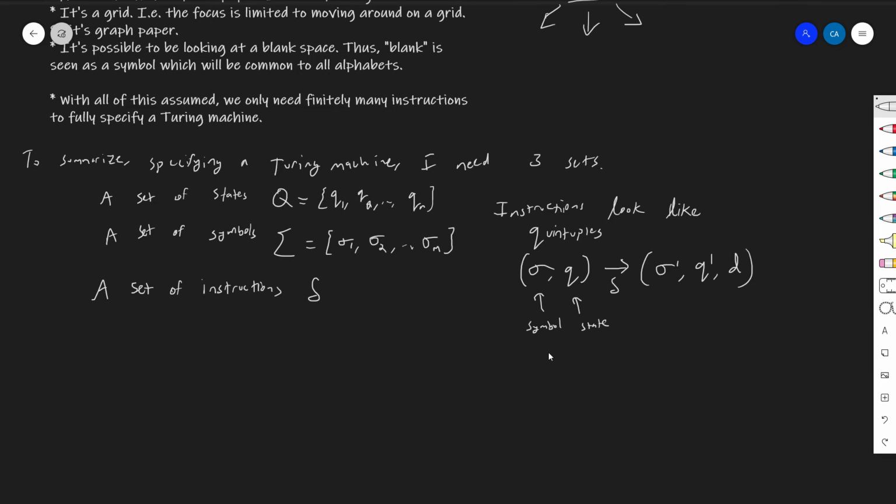And so the quintuple can look like this. So, putting it all together, say an instruction is of the form sigma, comma, q, comma, sigma prime, comma, q prime, comma, d. And so that's what they look like.